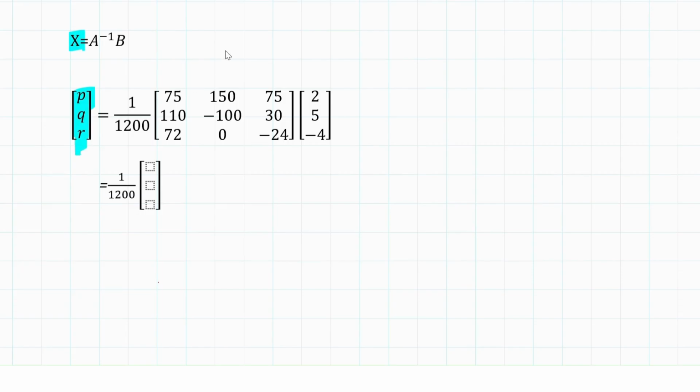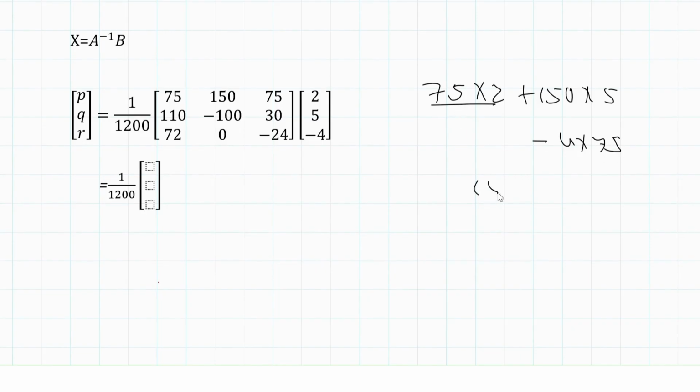Now, using x is equal to A inverse B, what is x over here? x is the matrix PQR, and this whole thing is A inverse, and we have matrix B as this constant matrix. So now we are going to obtain the product. First, keeping this 1 over 1200 over here, I'm going to multiply these two matrices. Multiplying the first row with the first column, this is 75 into 2 plus 150 multiplied by 5 and negative 4 into 75.